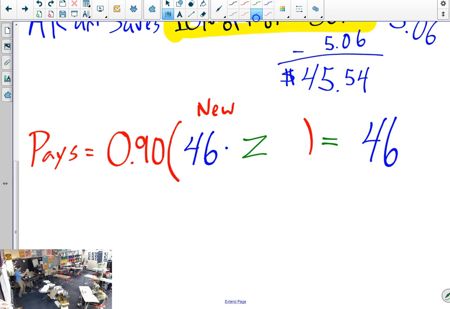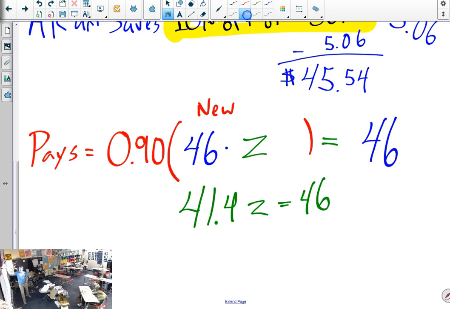If you want 46 times, don't write this down, I just want to blow your mind with how beautiful this is. 0.9 times 46. Oh no, it's gonna be some really messy number.